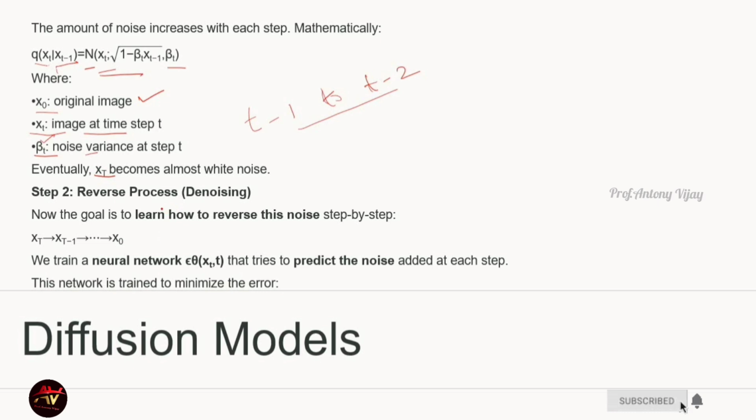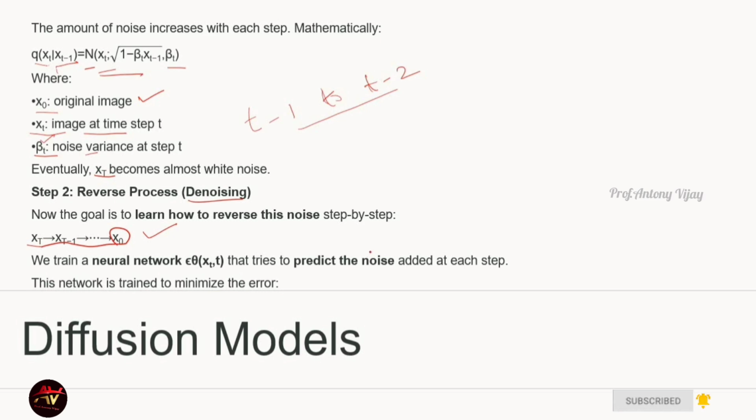Now we can do the denoising process, the reverse process. Initially we started with x0. Now we go from xt to t minus 1, till x0. This is called denoising. We can train the model on the noise.